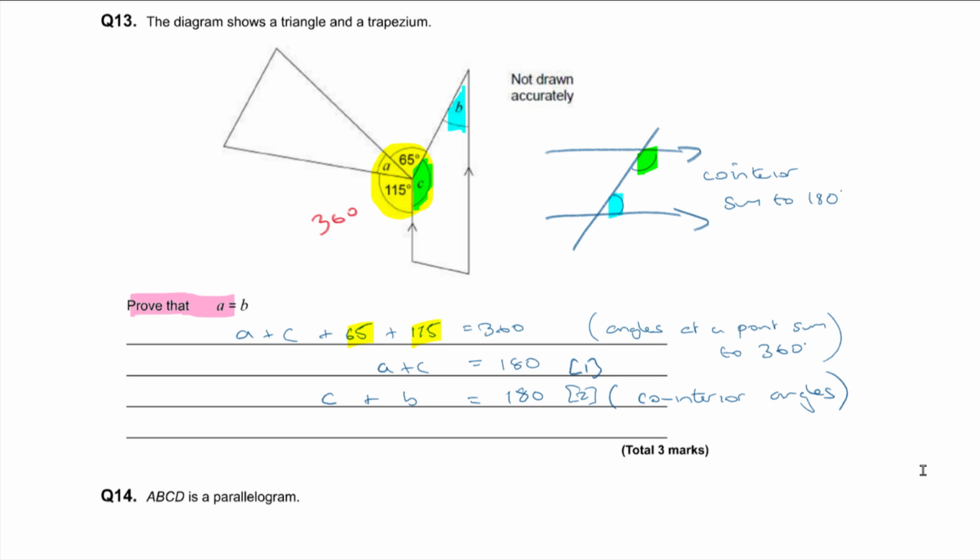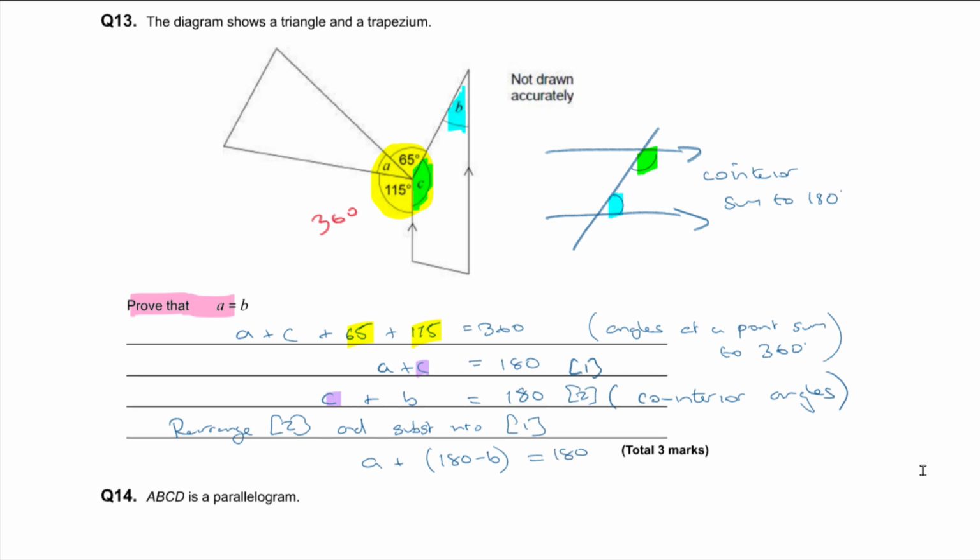So I want to get an equation in A and B. Can you see that I've got C in both of these? So I'm going to rearrange equation 2 and substitute into equation 1. Then I get A plus C, and C is 180 minus B, isn't it? So A plus (180 minus B) is equal to 180.